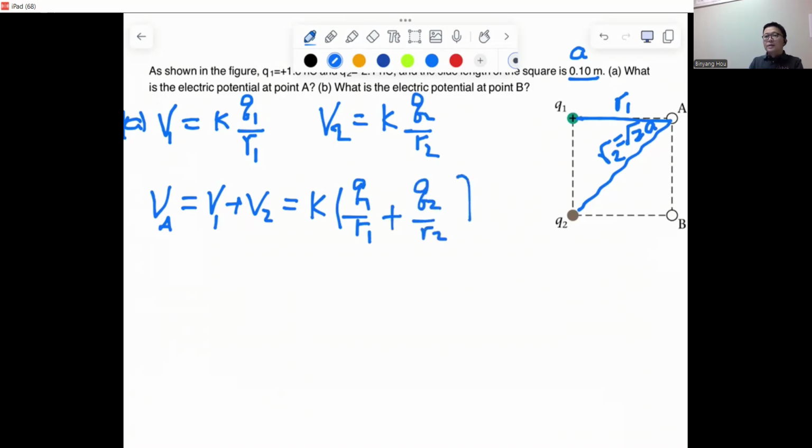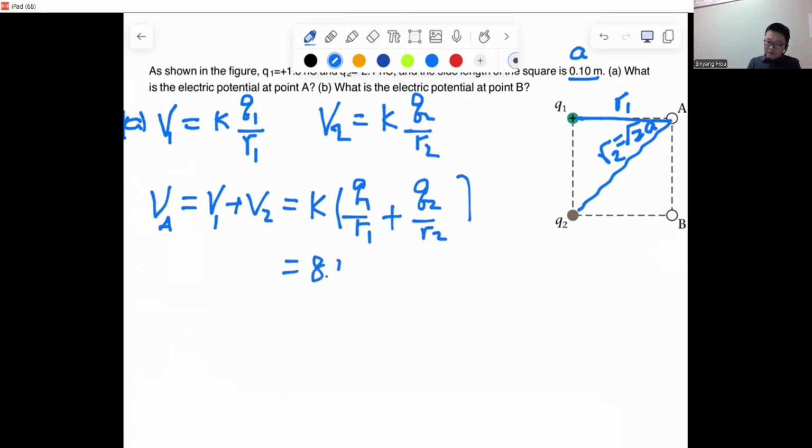They are scalars, so you can add them up directly. Electric field and electric force are vectors, so you cannot do that. You have to do their components. We can just plug in numbers now.